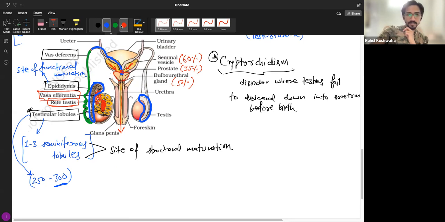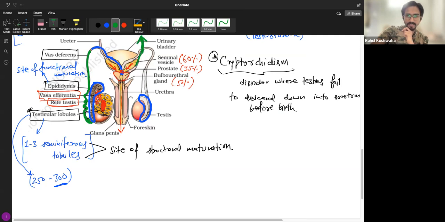Okay, and also look at this, let me mark with green here. This is called the ureter. This duct which I'm marking in green is coming from the kidneys. On top there are kidneys.